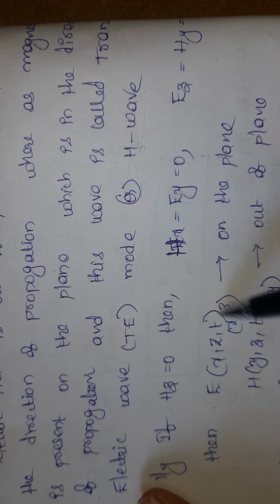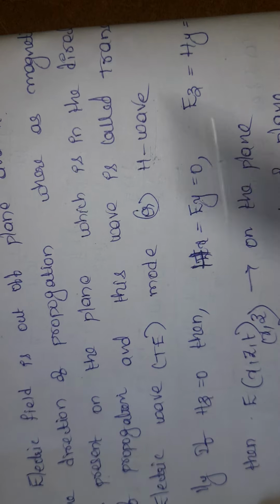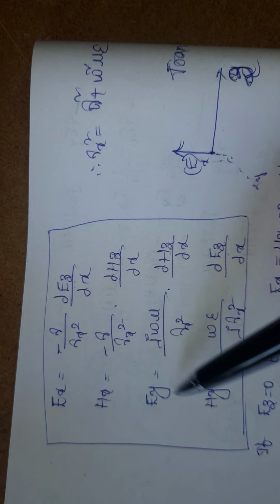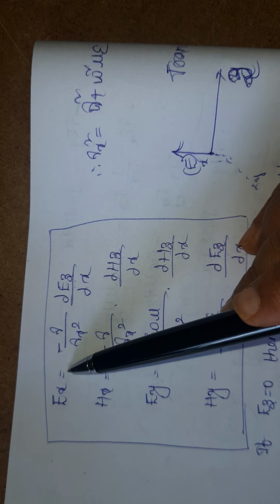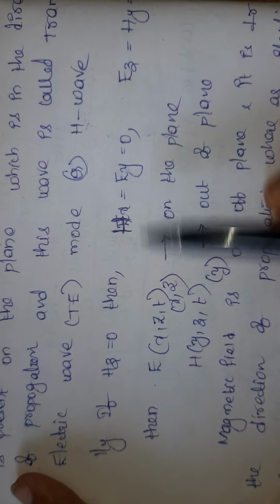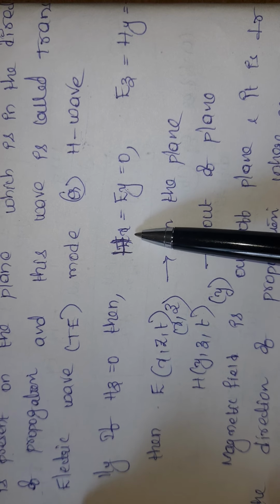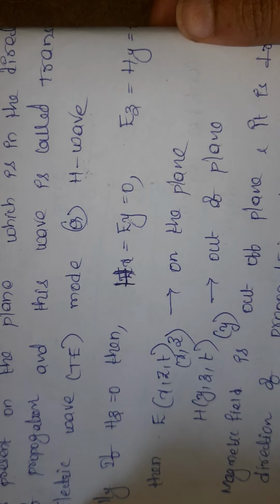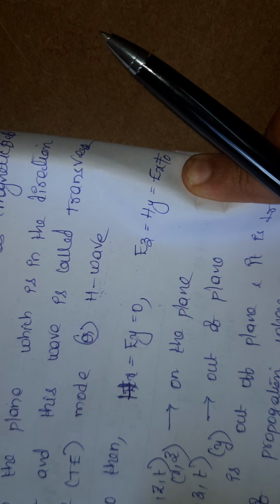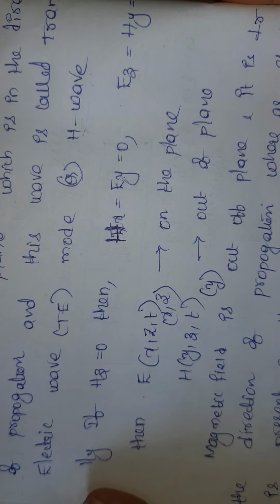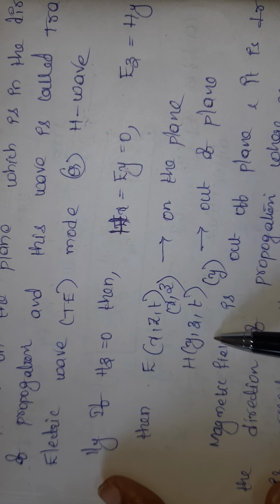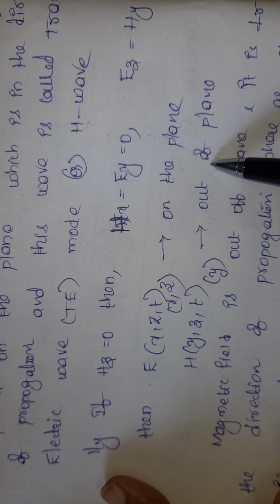Similarly, if I substitute Hz equal to 0, Hz 0 means Hx, Ey are 0, Ex not equal to 0, Hy not equal to 0. In this case Hx, Ey are 0, but Ez, Hy and Ex are not equal to 0. It means electric field will be on the plane, magnetic field will be out of plane.